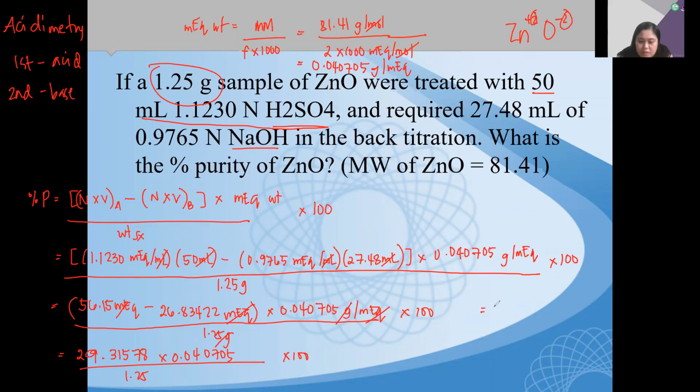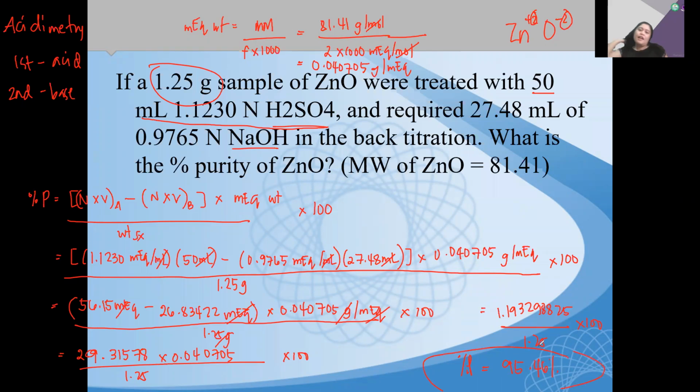29.31578 times 0.040705 is 1.19325.. divided by 1.25 times 100. The percent purity of zinc oxide here is 95.46%.